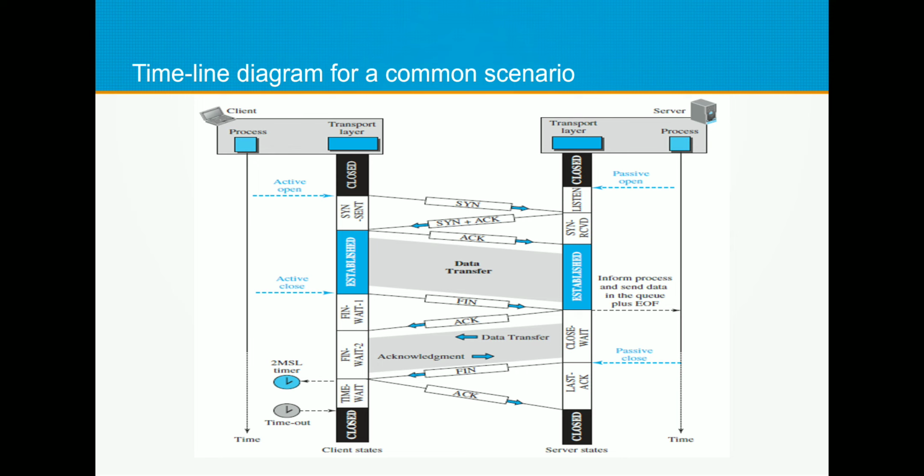After the timer expires, it goes to the closed state, and before closing it, the client would also have sent an acknowledgement saying that yes, I have received a FIN request. So when the server sees that its FIN request has been approved, it will also move into the closed state. So this is another way of understanding the different events happening during TCP by using a timeline diagram.